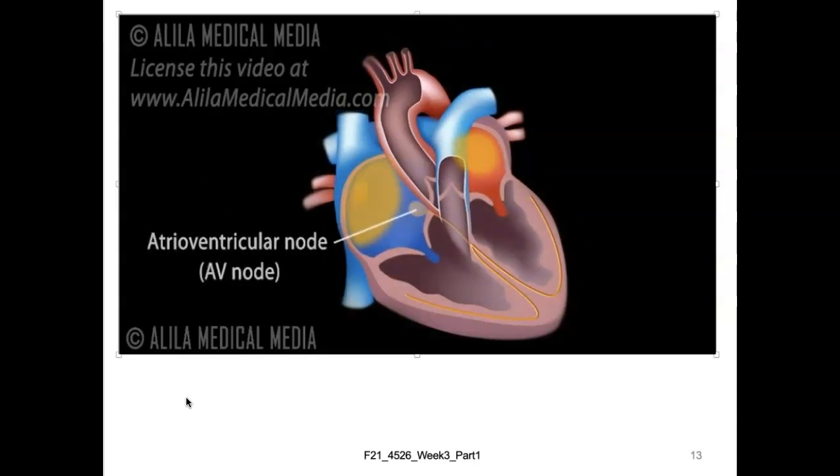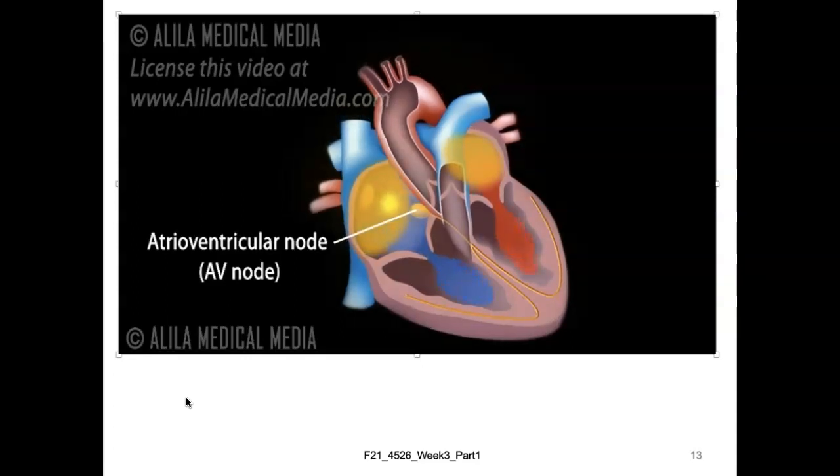The atrioventricular node, or AV node, located on the other side of the right atrium, near the AV valve. The AV node serves as electrical gateway to the ventricles. It delays the passage of electrical impulses to the ventricles. This delay is to ensure that the atria have ejected all the blood into the ventricles before the ventricles contract.